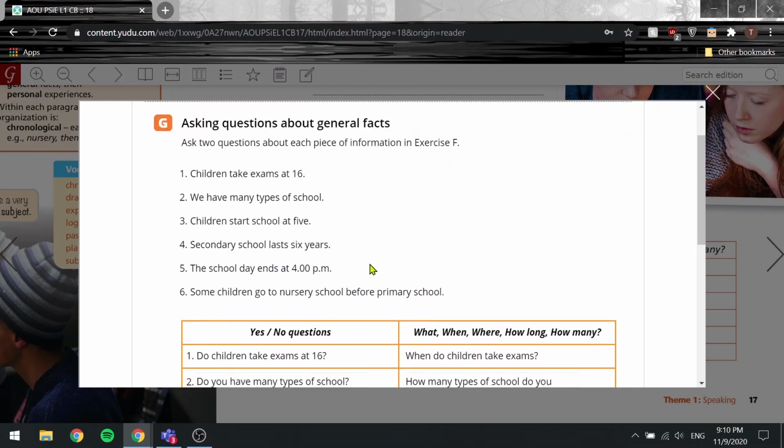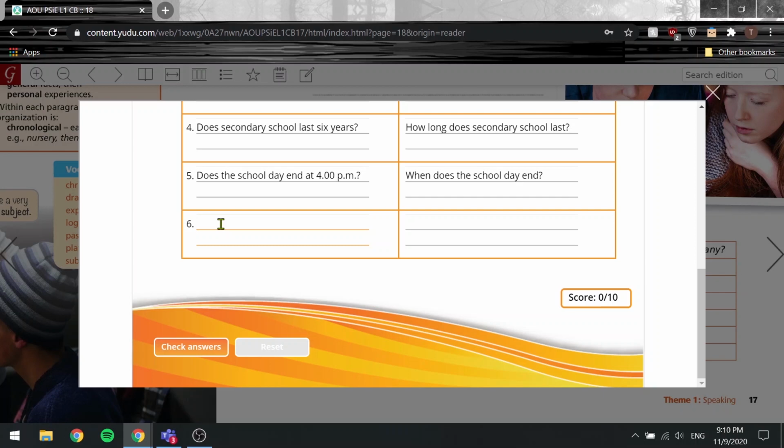Some children go to nursery school before primary school. So I'll say, do some children go to nursery school before primary school, and then question mark. That's a yes or no question.